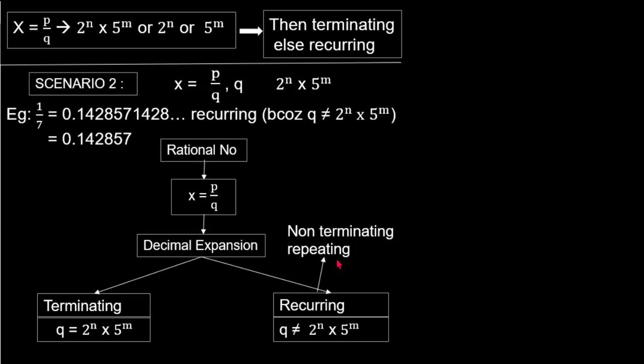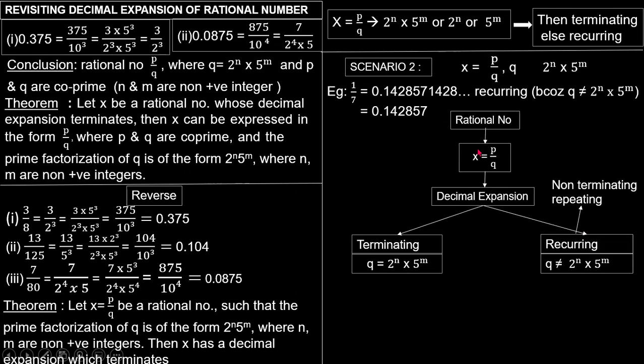We call it non-terminating and recurring. So we know that rational numbers are of two types, terminating and recurring. Depending on q, the denominator, we can decide whether it is terminating or recurring without actually performing the division. This is the concept or crux of this slide.